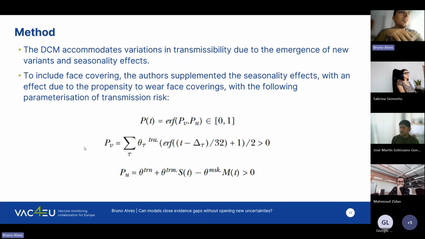For this, they write all these beautiful numbers, and I have a slide which explains this a little. But I would like to highlight that the DCM accommodates variations in this risk of transmission because of the emergence of new variants and because of seasonality effects.